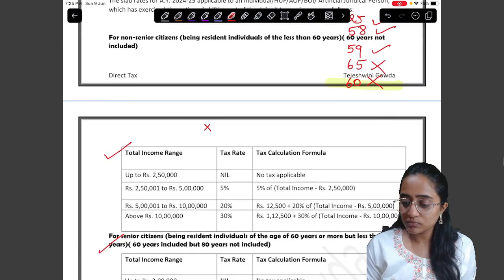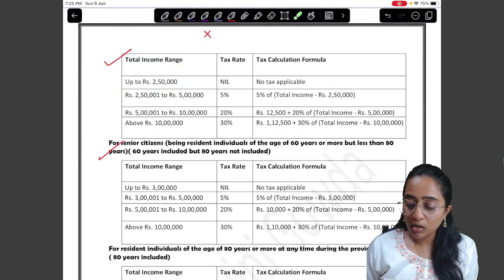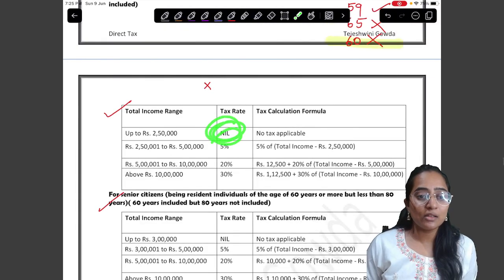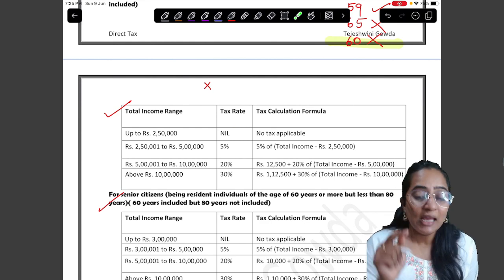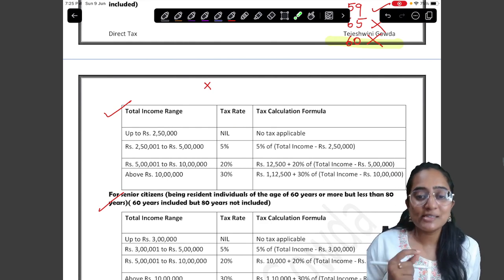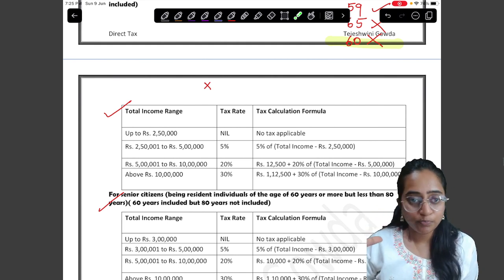Done? Now, see, if your income is up to 2.5 lakh, the tax rate applicable is nil. Whatever has been recorded over here up to 2.5 lakh is called the basic exemption limit. What is it? Repeat after me. It is the basic exemption limit. Clear?